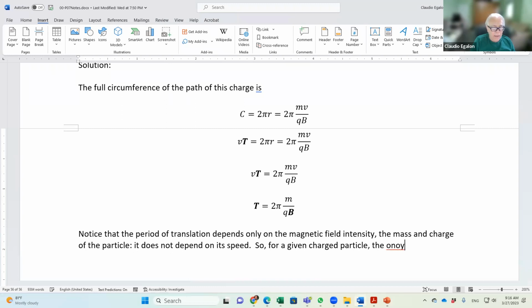The only parameter that affects its period is the magnetic field intensity.